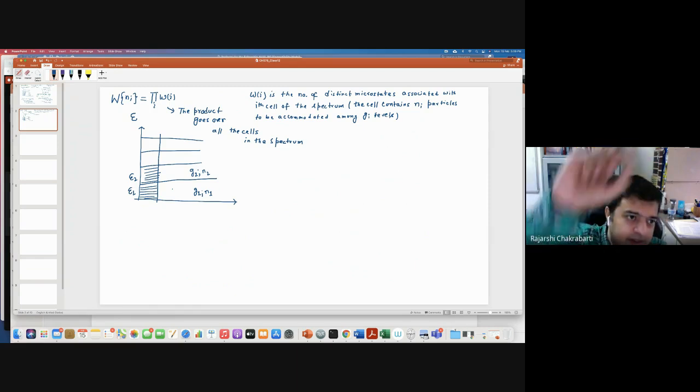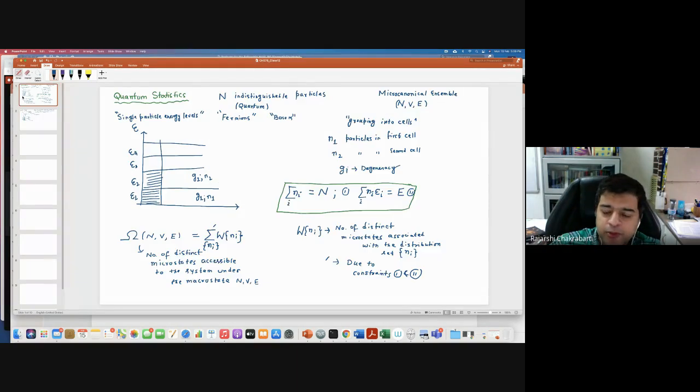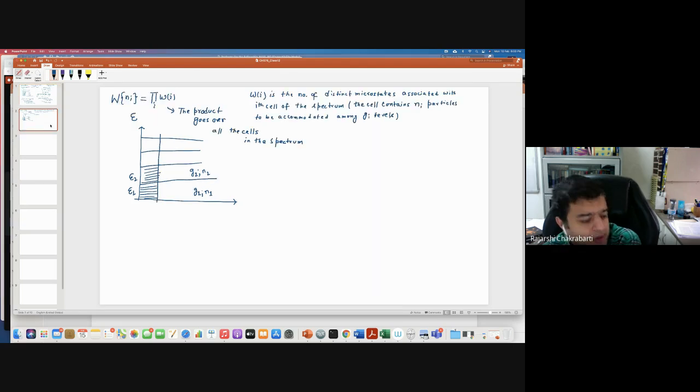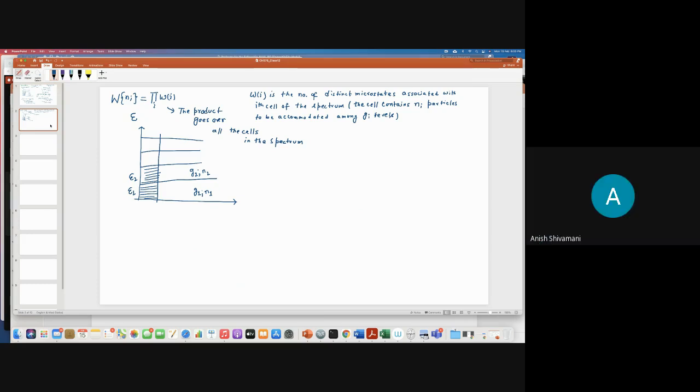But you have many possible distributions, so the total number of microstates would be a sum of all possible distributions, the sum of all distinct microstates. Is this clear? This is very important for this class.